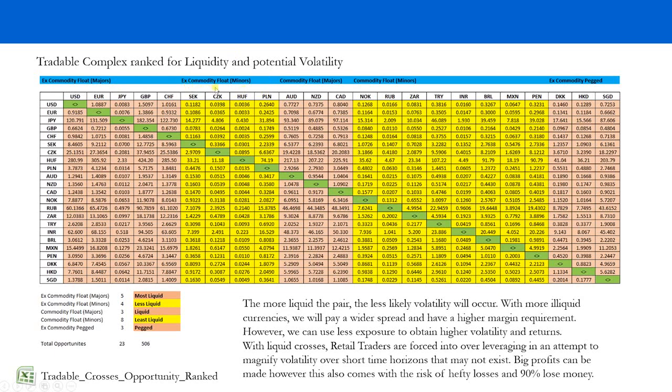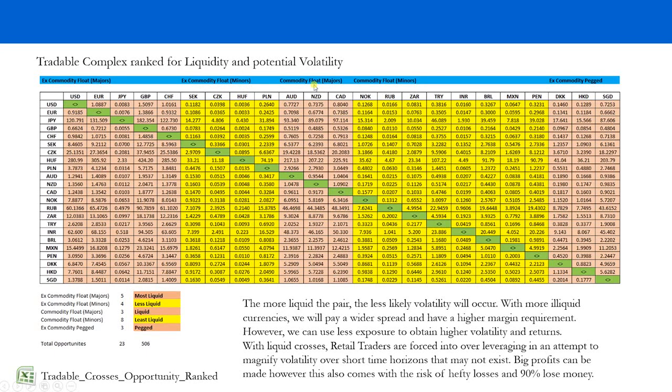We have here the ex-commodity floating minors. So these are currencies that are available on a lot of retail brokerage trading platforms. But they're defined in our set as floating regime currencies that don't have significant commodity exposure and diversity in their exports, but they're considered by the retail brokerage platforms as the minors, so minor currencies.